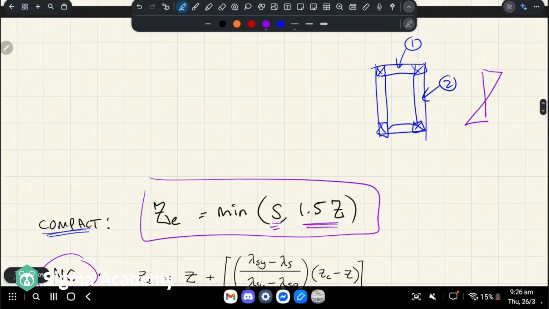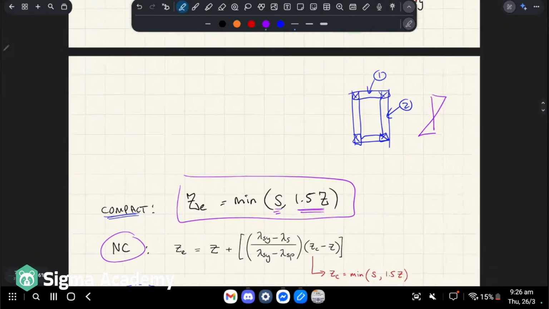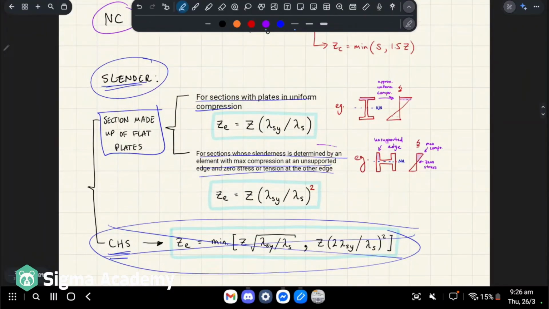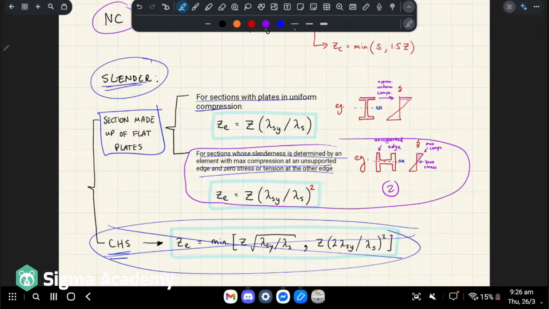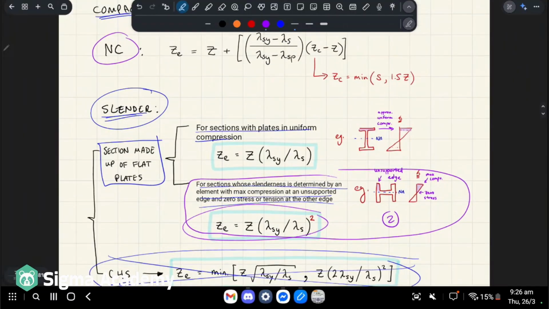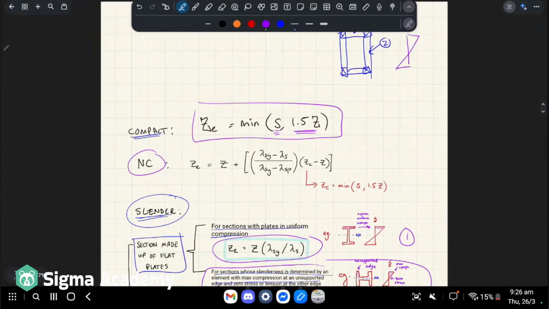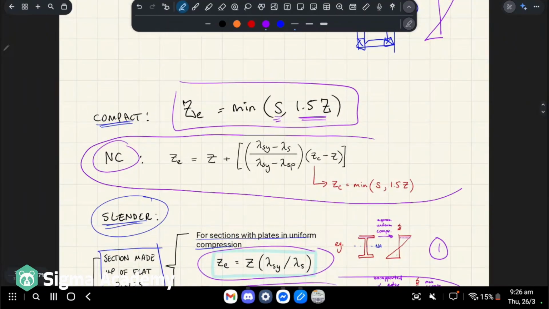So if the section is governed by element 2, in our case, use this formula. Otherwise, if the section is governed by element 1, use this formula. That brings me to non-compact.